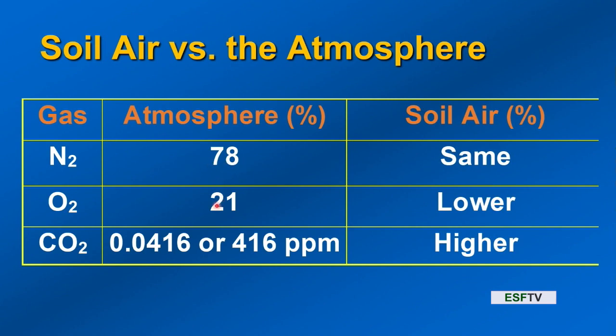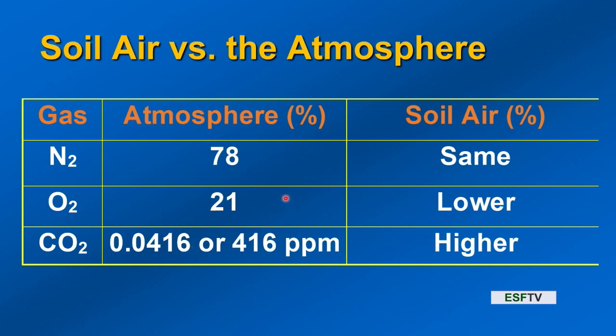Nitrogen 78%, oxygen 21%, and CO2 about 416 parts per million, or 0.0416%. This is 2022 data, it's actually 418. So these are relatively decreasing concentrations as we go from nitrogen to oxygen. Nitrogen is pretty stable. Oxygen will change as it hits the soil, and so will carbon dioxide.